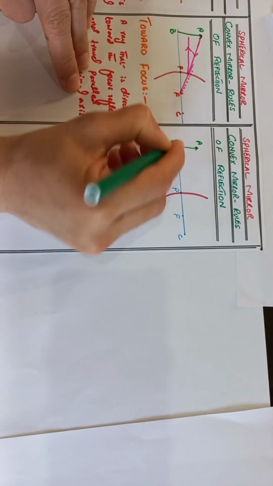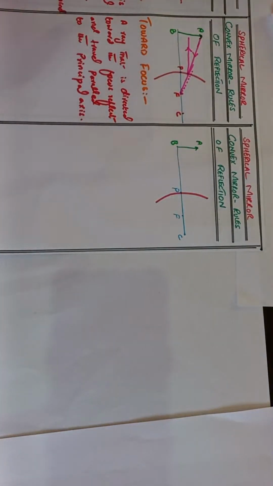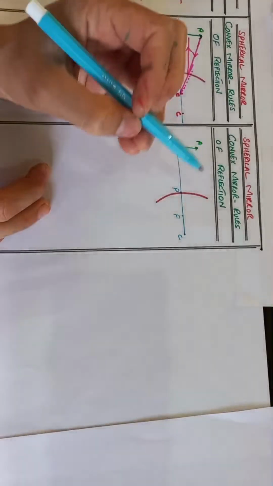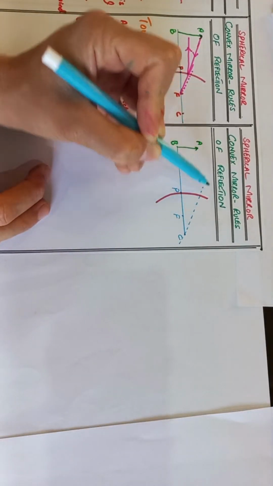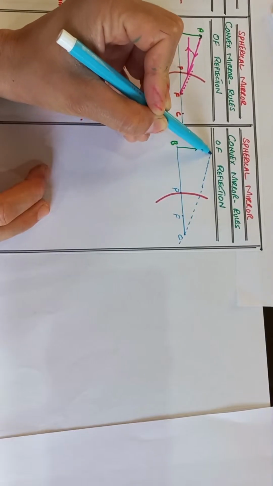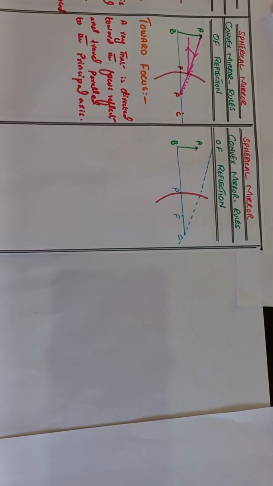AB. Now we take the ray such that it is directed toward the center of the curvature. Here is the ray.